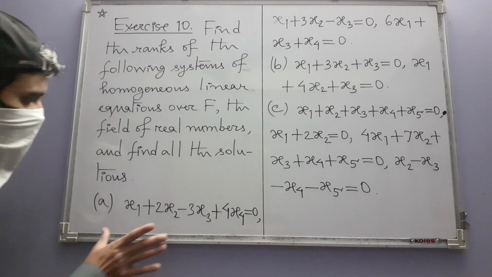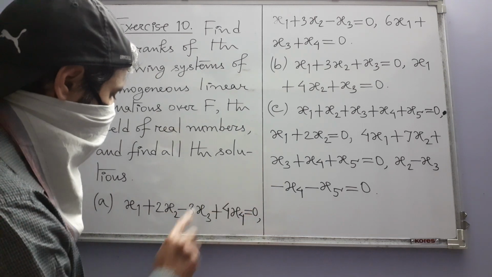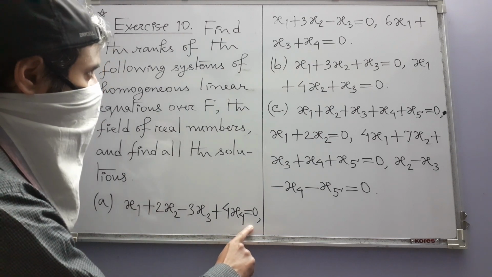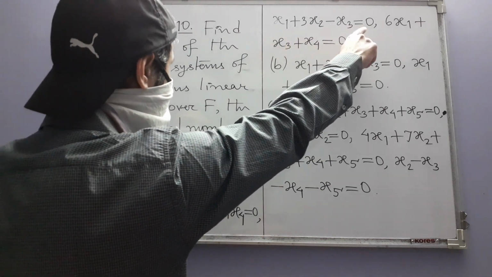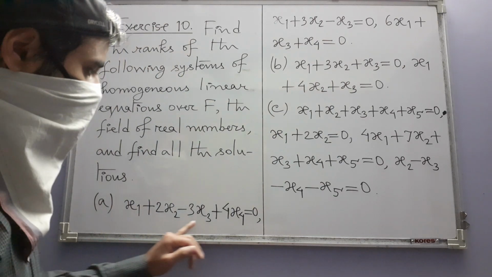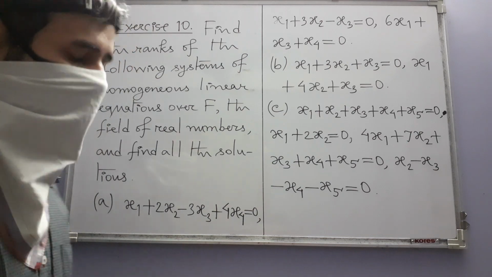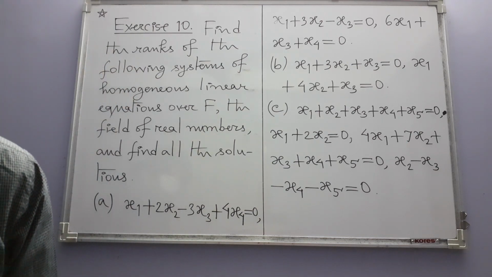So in the first system, for example, how many equations do we have? 3 equations. This is the first one, this is the second one, and that is the third one. And how many variables do we have? 4 variables we have. So let's see what the rank is in this case.